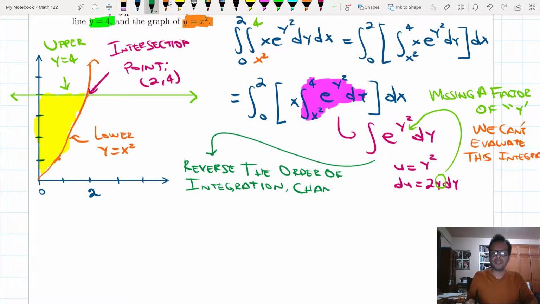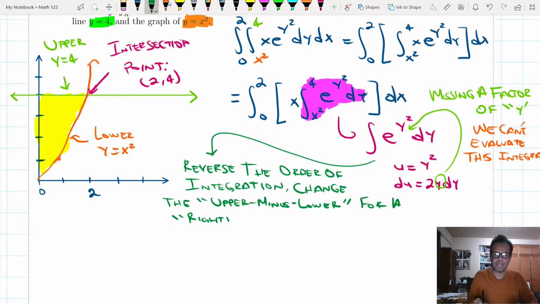Change the upper minus lower for rightmost minus leftmost. So this is what we're going to do.